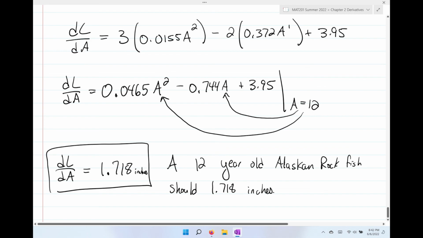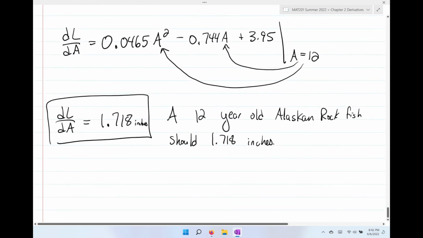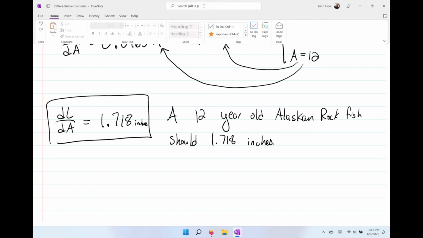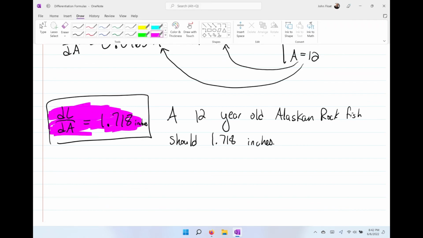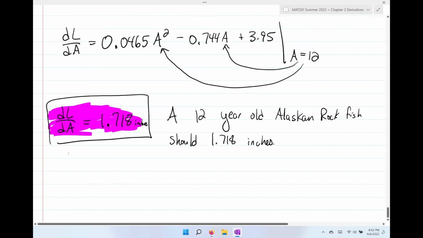inches. Now, here is another amazing thing. This, and I'm going to highlight this, tells me that, remember, derivative is a rate of change. This is a rate of change.